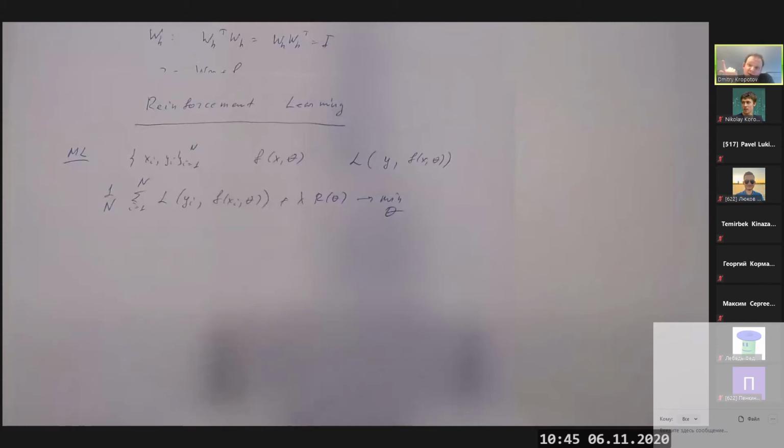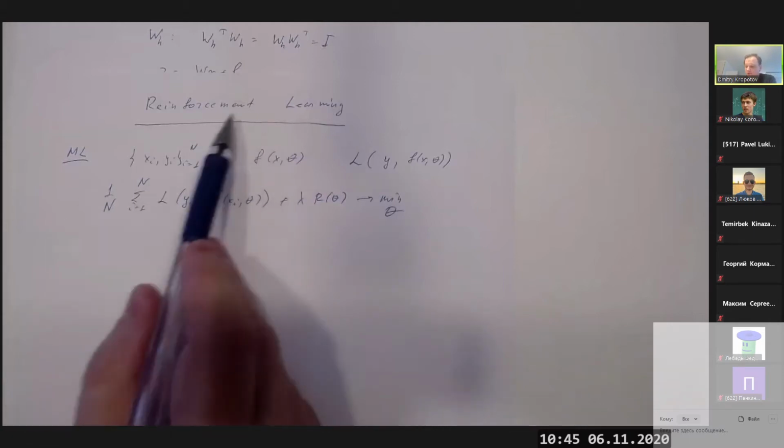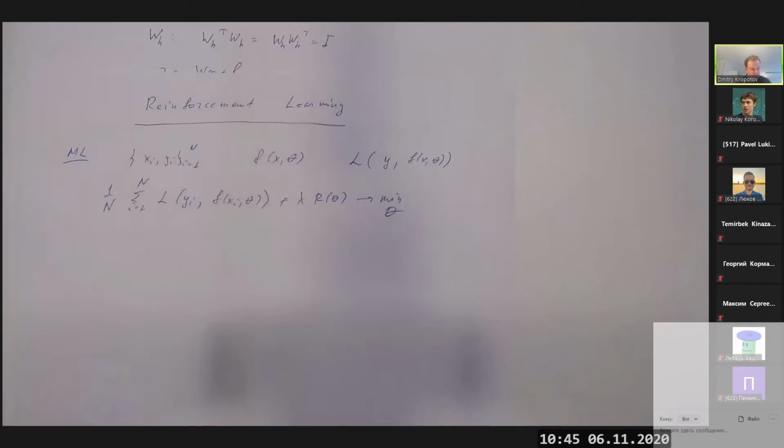Not having the right answers at each time moment, non-differentiable rewards, and delayed rewards, because you need to make an action in your game at this time moment, but the quality of this action will be measured only after some time horizon. So all these things are differences of what's called reinforcement learning from the machine learning scenario.